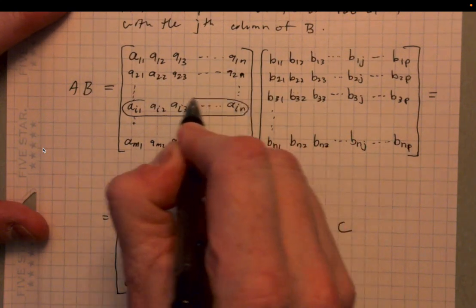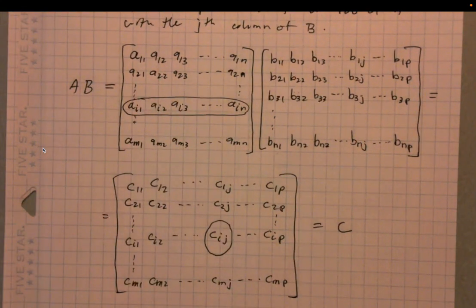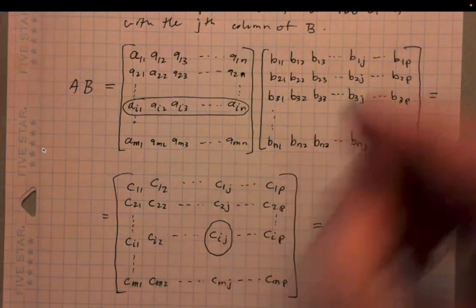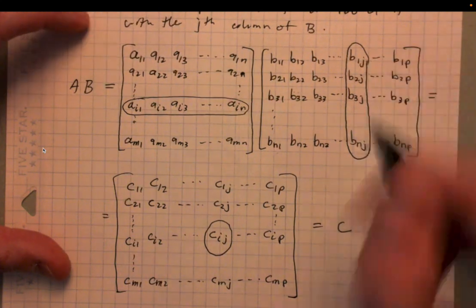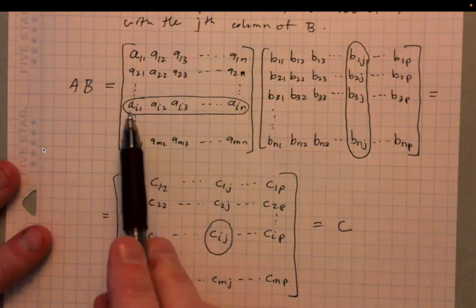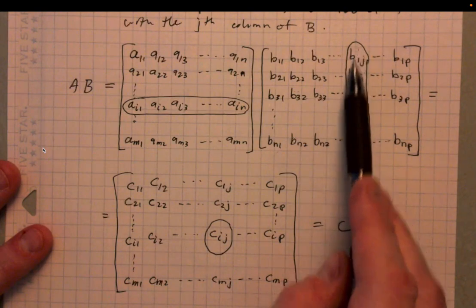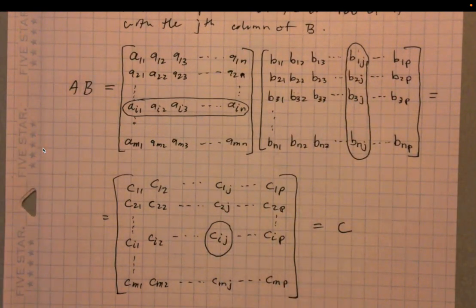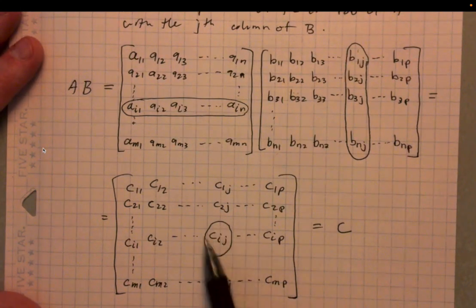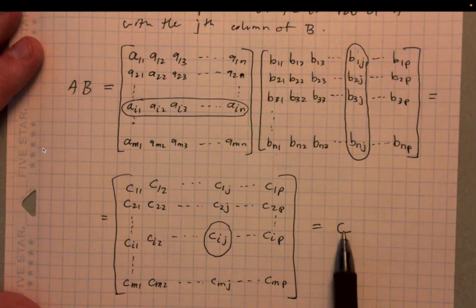You can think of this as a vector dotted against the jth column of B. And whatever these numbers are, you're going to use the dot product to combine them. And remember, the result of the dot product is always a real number. And so that's going to become a new entry in the matrix C.